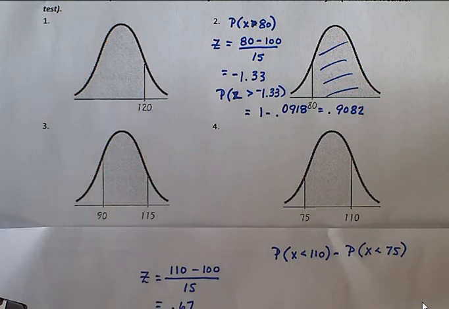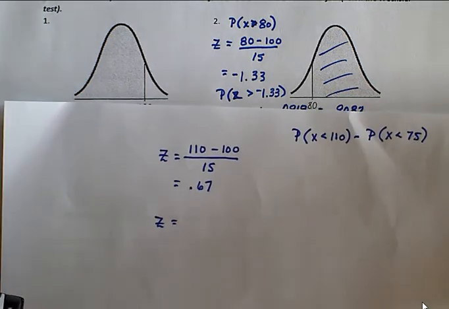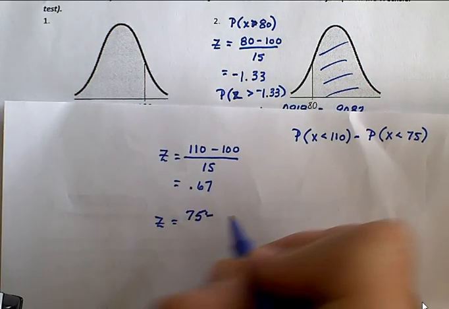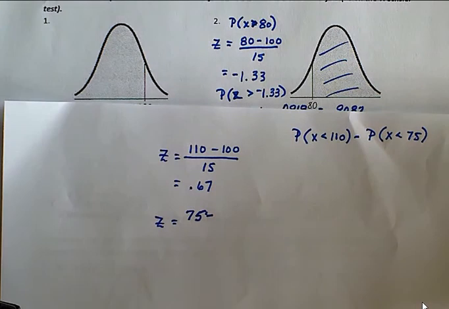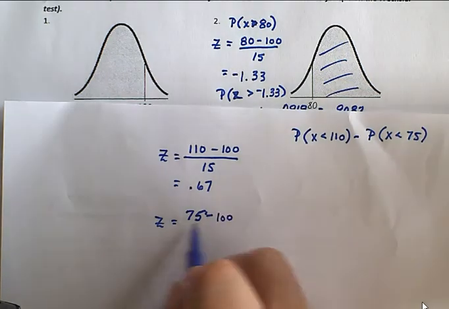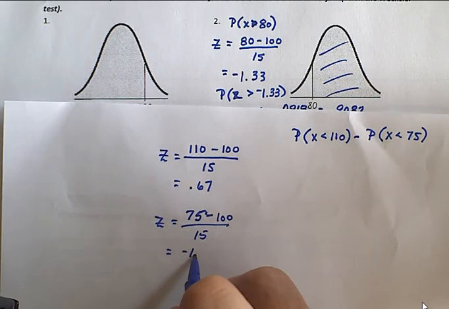When I take 75 minus 100 divided by 15, I get negative 1.67.